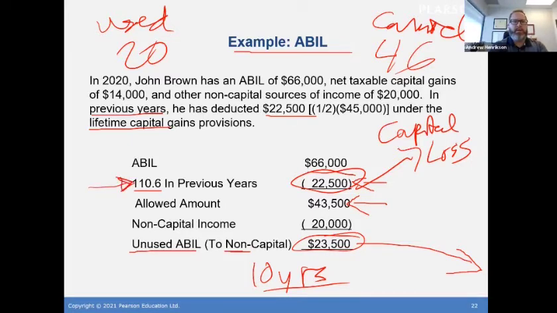If they had the knowledge and had done the due diligence, they would have already known that and would have filed with it and wouldn't have had it disallowed. So anyways, the only good thing I could tell that client is, well, you still have this in your back pocket. Go sell something and get a capital gain and we'll use it then.